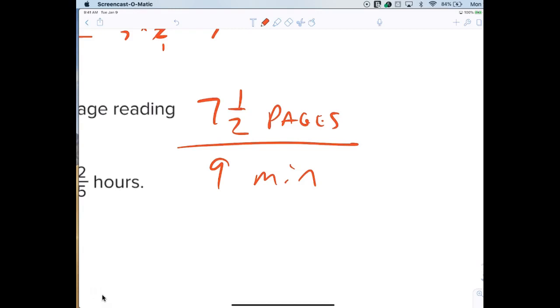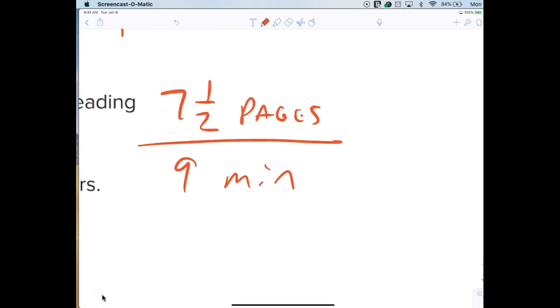What do I do with the 7 and 1/2? Yes, change it. What does that become? 15 over 2.